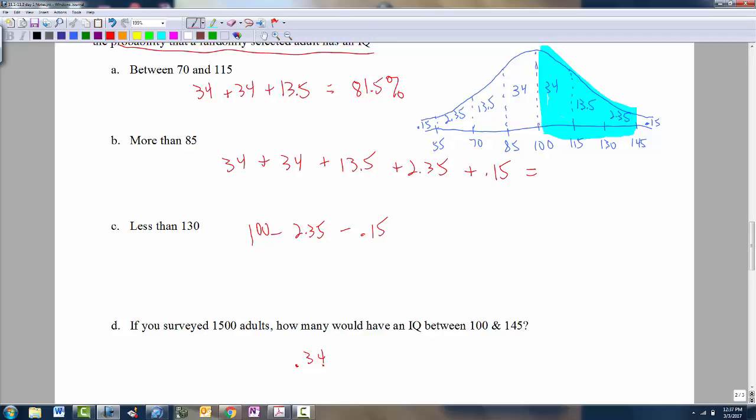So 34% plus 13.5% plus, now what's 2.35 become? 0.0235. Then you're going to multiply that by 1,500, and that's how many would be out of that. You get that? Is that good? Then you guys can find the numbers from there. You okay?